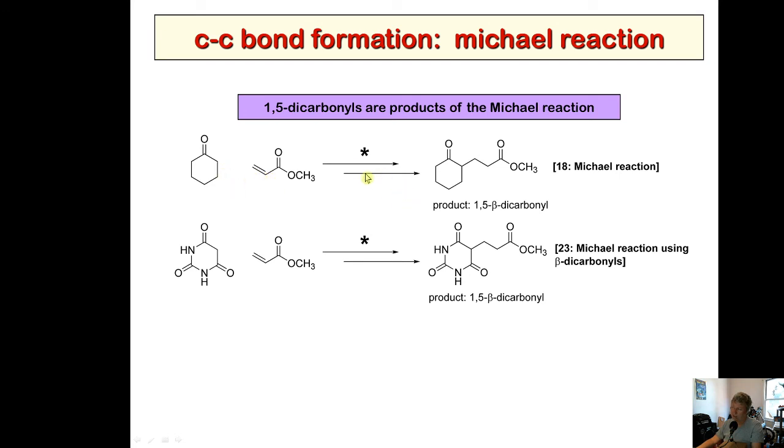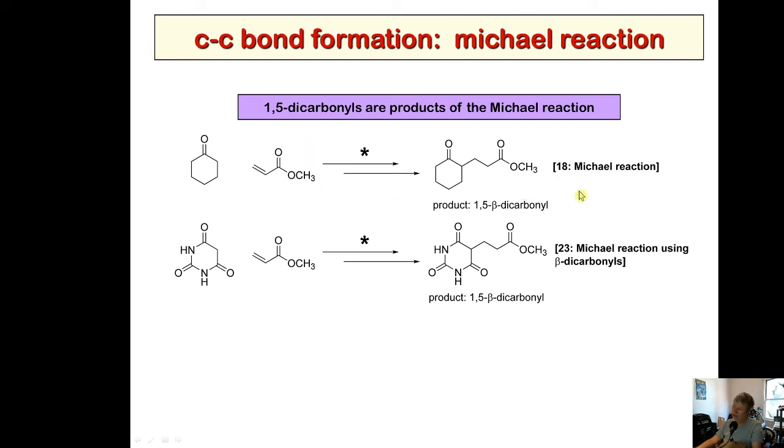And the reagent is base, NaOEt usually, or if you have a methyl ester, you'd probably use NaOMe, NaOCH3 as your base, and that takes off the ketone alpha CH, making an enolate. The enolate attacks, and because this thing is an electrophile, it does a 1,4 addition. Then it makes an enolate, and then you need a water step or something, and that gives you the final product.